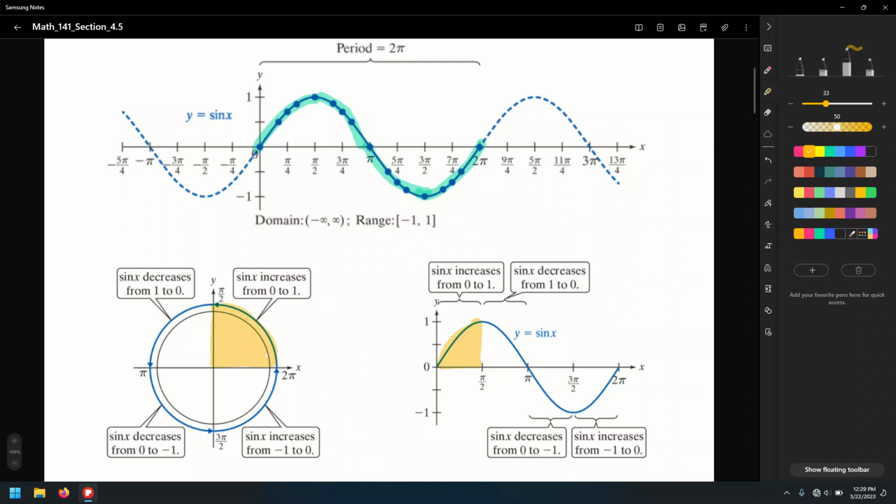All right? And let's use a different color. Between pi over 2 and pi, we have this region. And then let's use green. Between pi and 3 pi over 2, we have this region right here. All right.